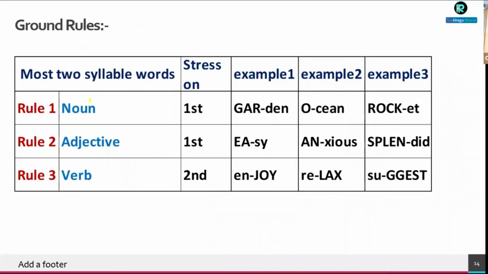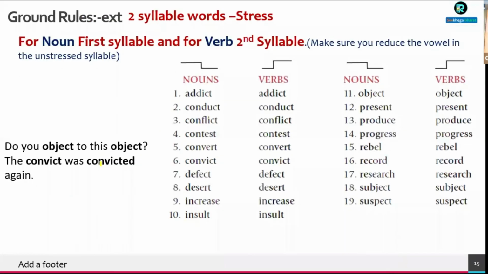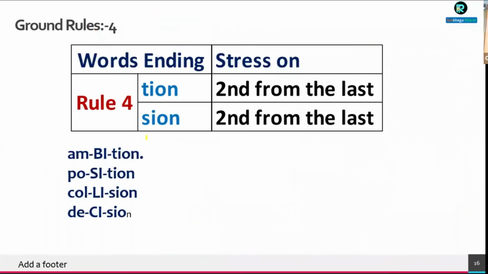These are the ground rules, 3. What we discussed in terms of nouns: if it is a two-syllable word, the first syllable is stressed. Adjectives also follow the same, first syllable. Verbs take the second syllable stress. Three rules discussed. These are extensions.